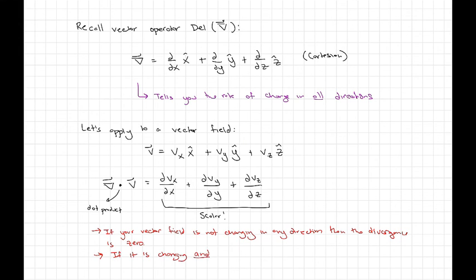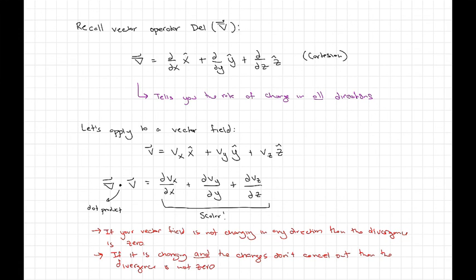If it is changing in more than one direction, and I'll add a caveat there, if the changes don't cancel out, okay, it's possible to have changes in the x direction that are equal and opposite to the changes in the y direction, then the divergence is not 0.